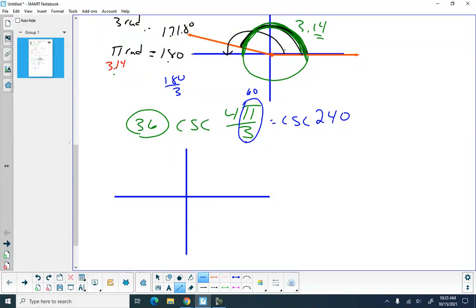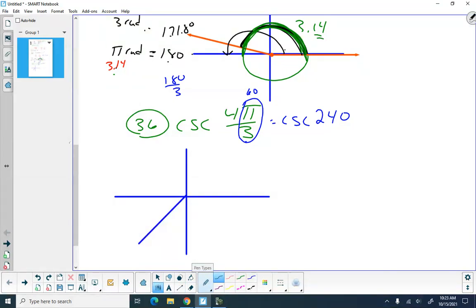Right, Nolan? 240 degrees. Where's your terminal side going to be? Chloe, what's 240 degrees? What quadrant are we in? Quadrant number 3.